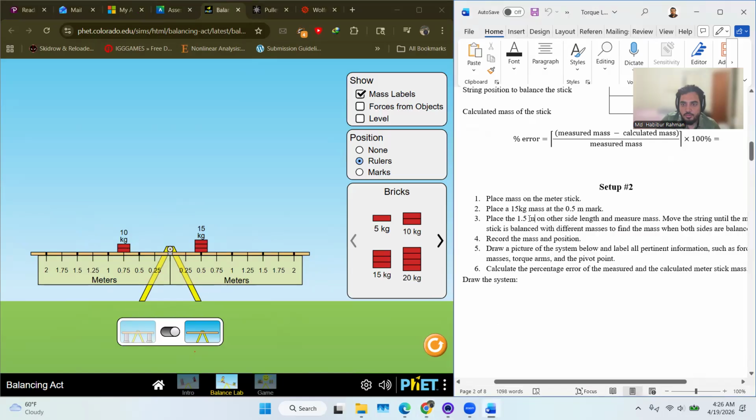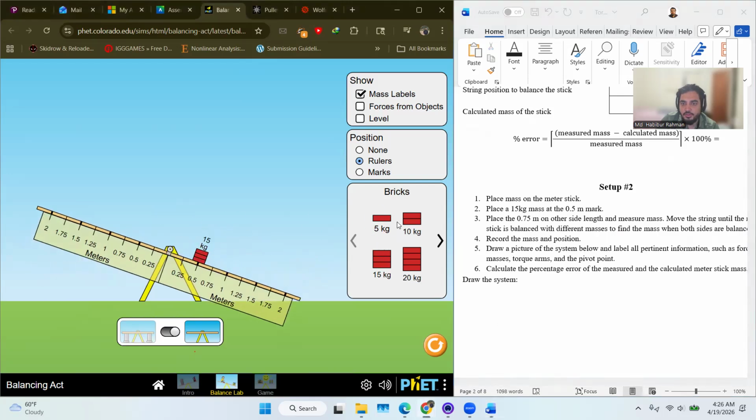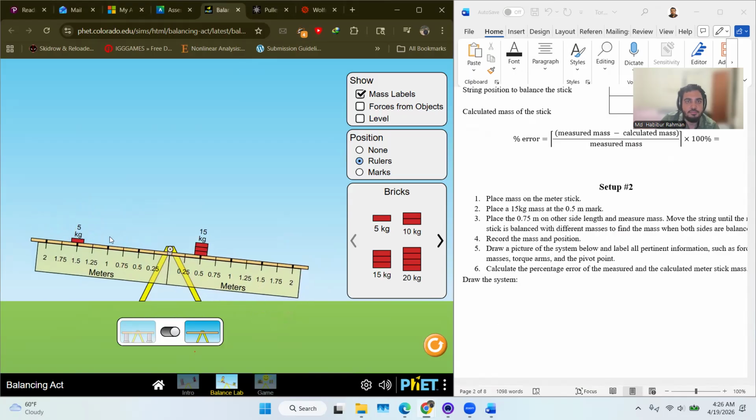That would be 0.75. So they are balanced, so their ratio will be equal. That's why the ratio means the mass times distance. So what is the mass here? 10 kg. Earlier it was 0.75, then it will be like this.